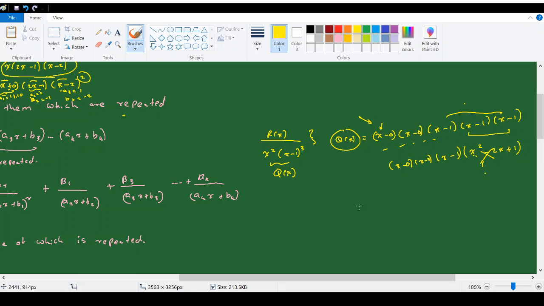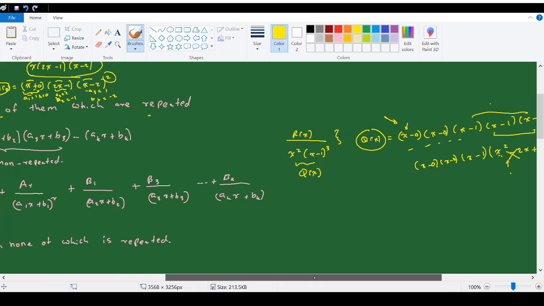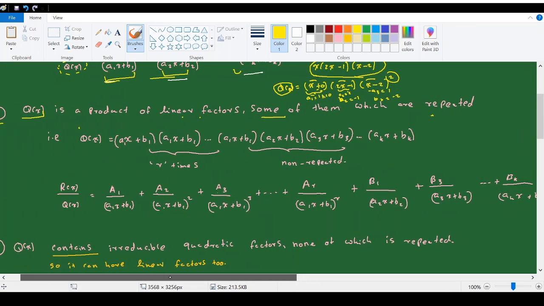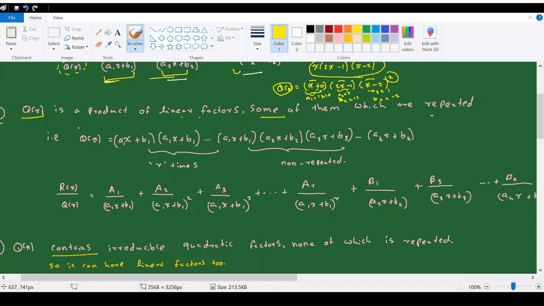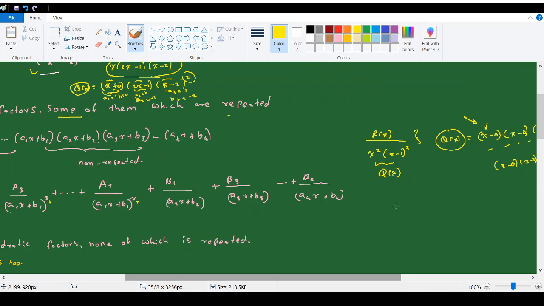So what we can do, from the second category, it says if this is repeated r times, we should write it as a1 over the linear factor, a2 over the linear factor squared, and cubed, up to the rth term. For example, let's take this one.